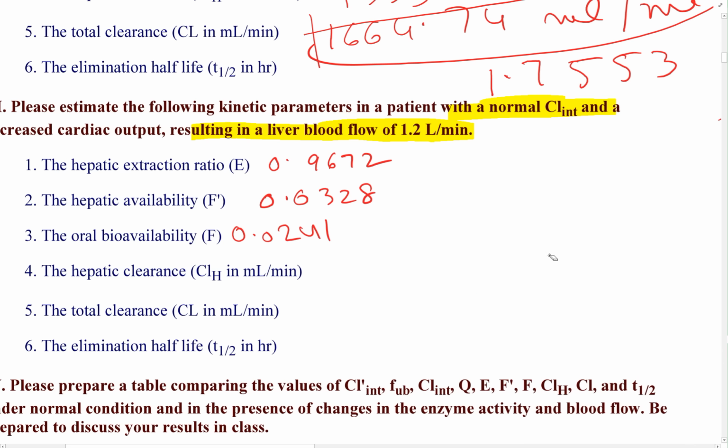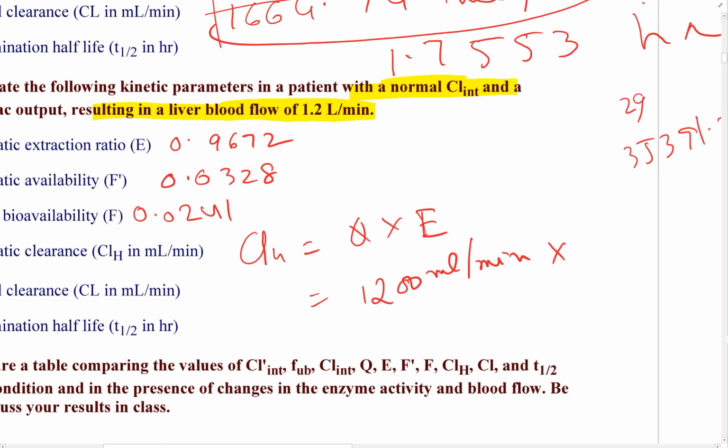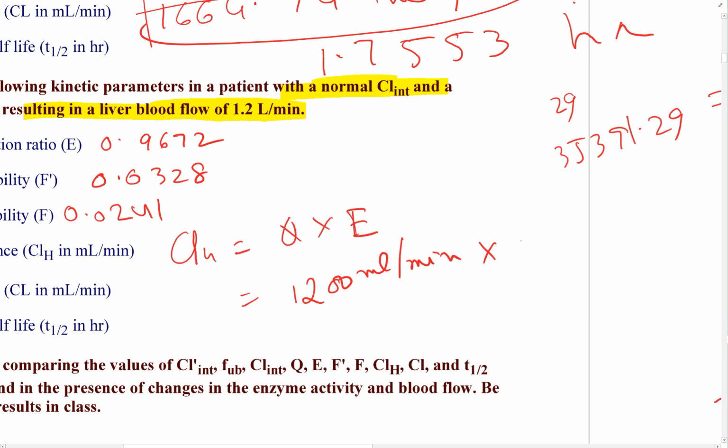Same thing, the hepatic clearance. We know this equation: CLH equals Q times E. So what has changed here? It has changed Q. We have a new Q, which is 1200 milliliter per minute, times the new E, the new hepatic extraction ratio, 0.9672.